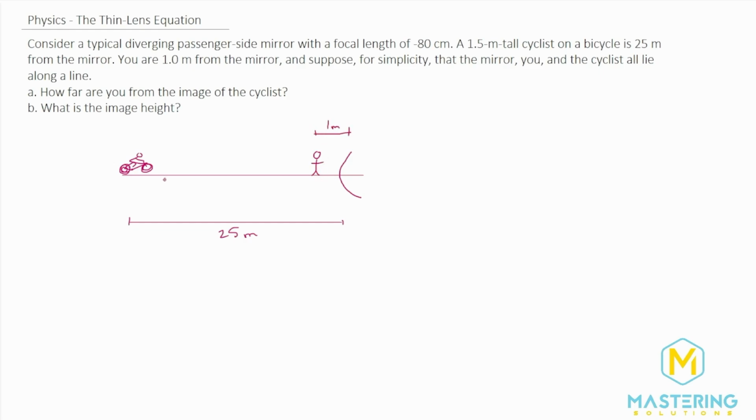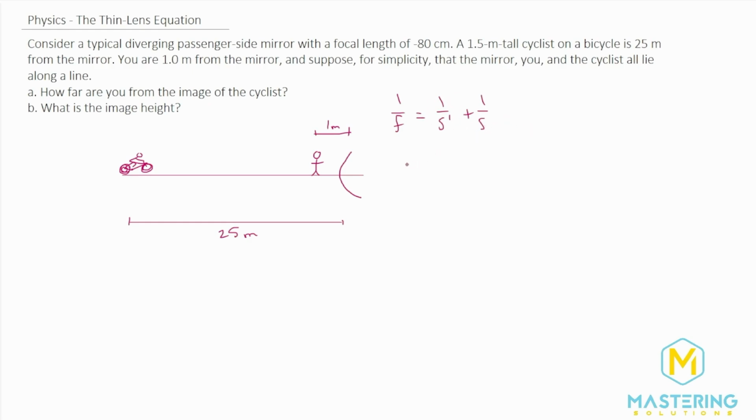So now we need to figure out how far we are away from the image that is created of the cyclist. And so let's use the thin lens equation to figure out where the image is, right? And so 1 over f is equal to 1 over s prime plus 1 over the object distance.